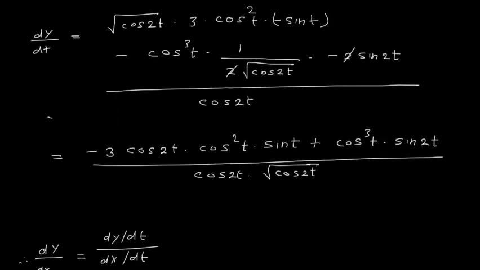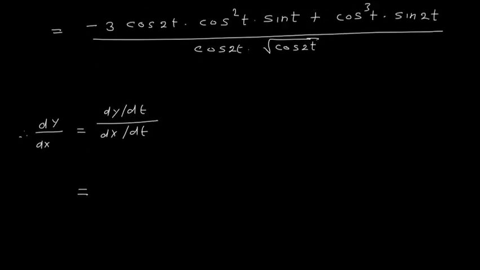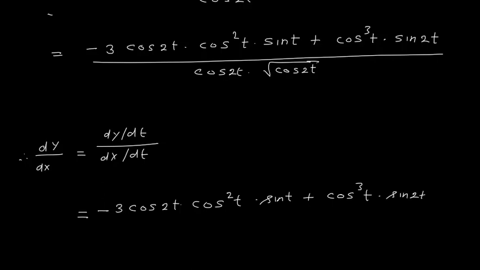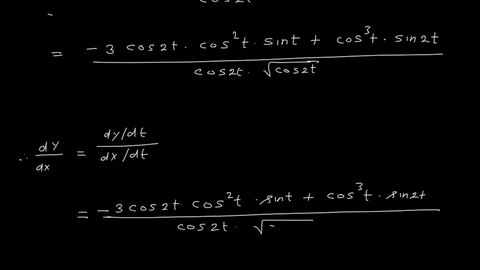So the value of dy upon dt is minus 3 cos 2t into cos square t into sin t plus cos cube t into sin 2t, divided by cos 2t into root of cos 2t.